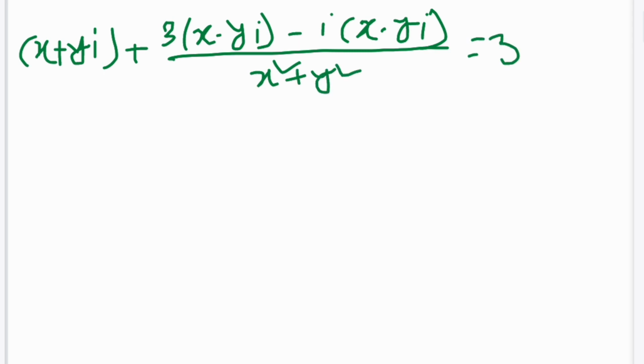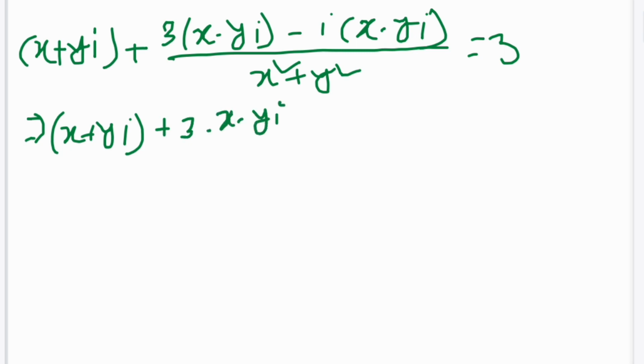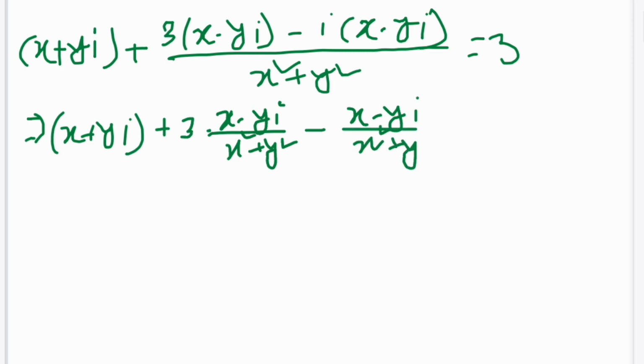So next line is simply x plus yi plus 3 into (x minus yi) over x square plus y square. We can separate them, minus (x minus yi) over x square plus y square into i equal to 3.